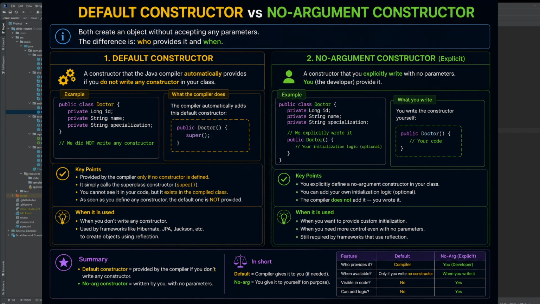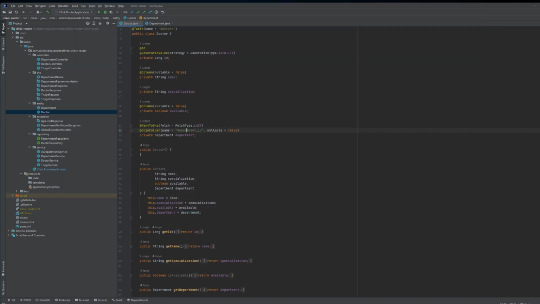Java only generates that constructor when I do not write any constructors myself. Because I created a parameterized constructor, Java would no longer automatically create an empty constructor. Therefore, I had to write this constructor explicitly for JPA.